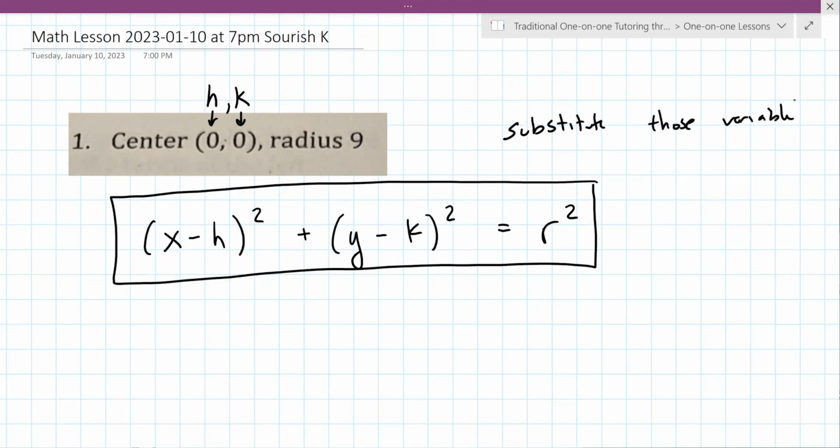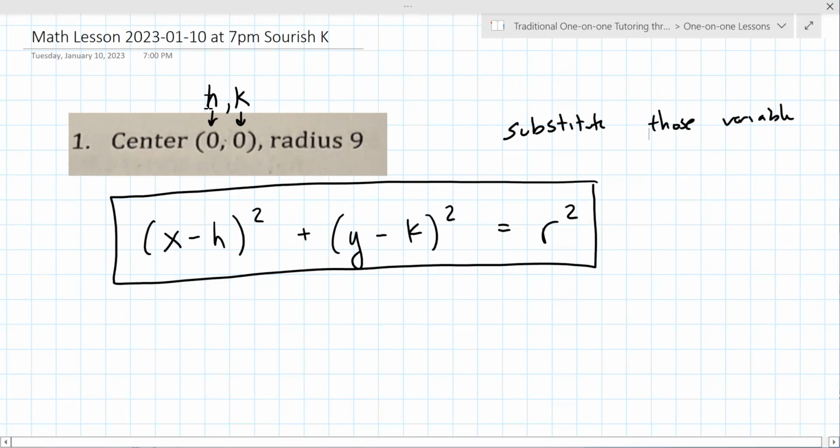You should write down that h is 0 and k is 0, and you should also write down this equation. The standard equation is x minus h squared plus y minus k squared equals r squared. So I'm writing that down.